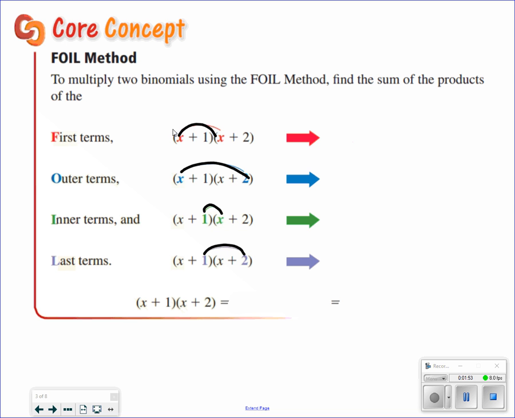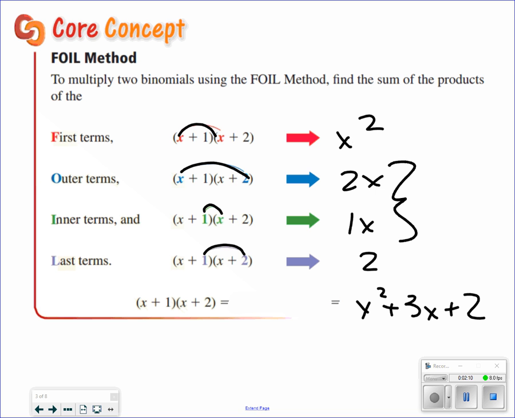So you end up getting x squared, 2x, 1x, and 2. When you add all of the like terms together, you get x squared plus 3x plus 2. Notice these two were alike, so I added them together. So you FOIL and then find the sum of each individual term.